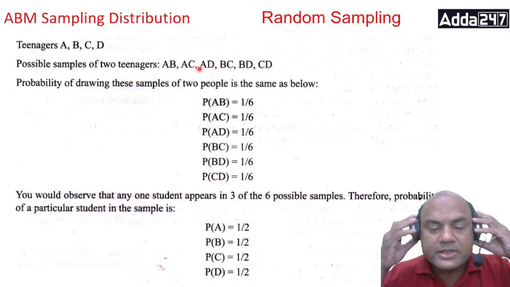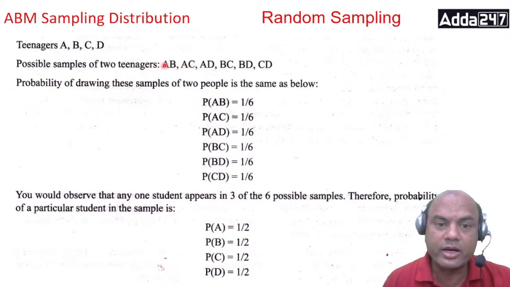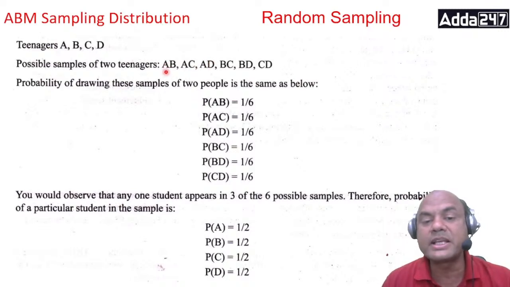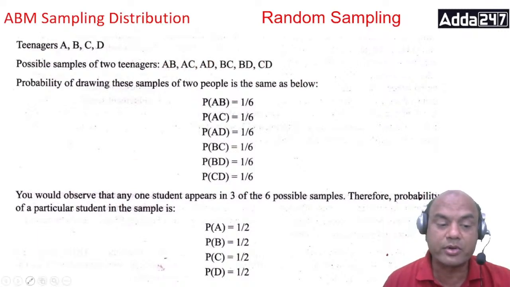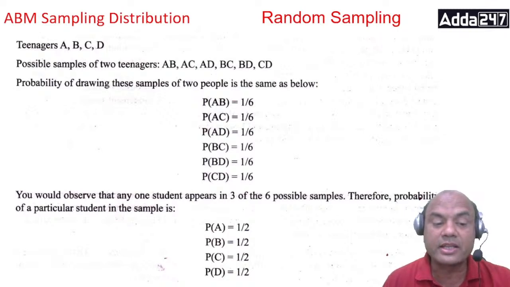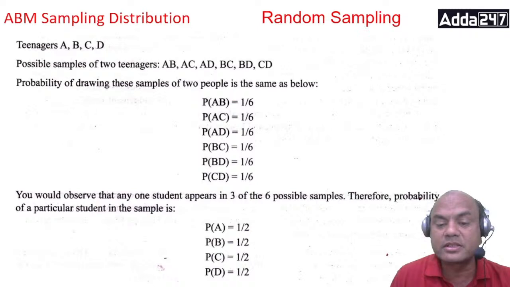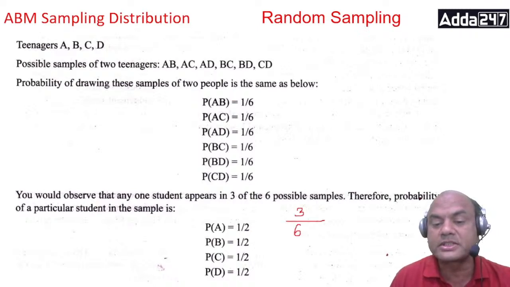So A can be selected in 3 ways, right? 1, 2 and 3. 3 groups. Out of how many? So 3 divided by 6. Very important part. This becomes a technical part. Okay. So A can be selected in 3 ways, upon total 6. So 3 upon 6 is 1 by 2. So here comes the answer of 1 by 2.